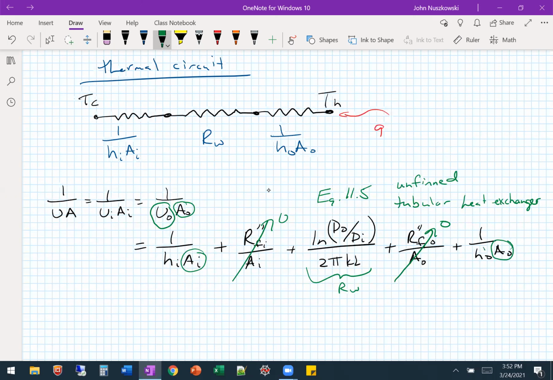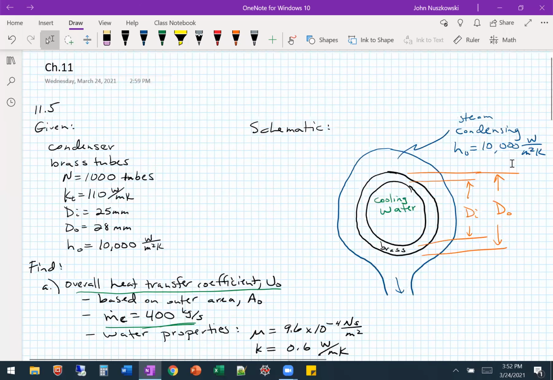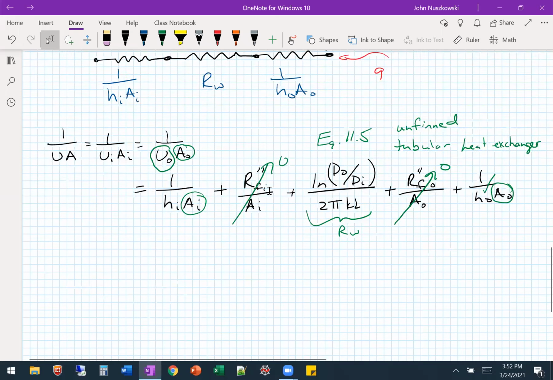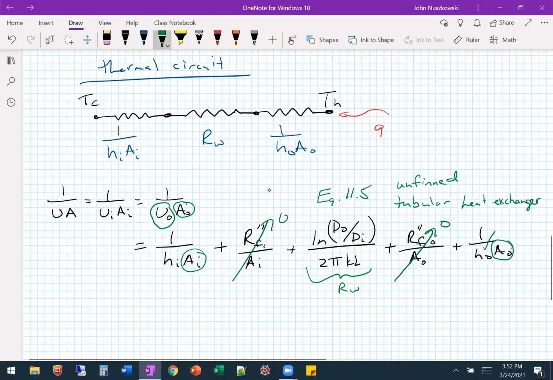We were given the outside convection coefficient, the outer one, which is the steam, so 10,000 right here. We're given brass thermal conductivity. We don't have length. We're given the inner and outer diameter of that tube, the brass tube. And then we don't have the inner convection coefficient, right?